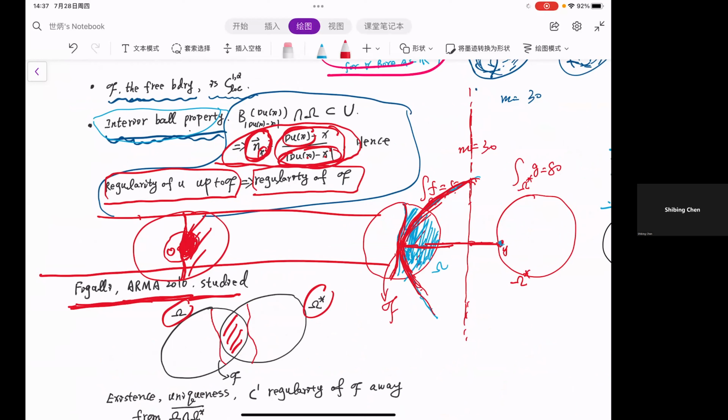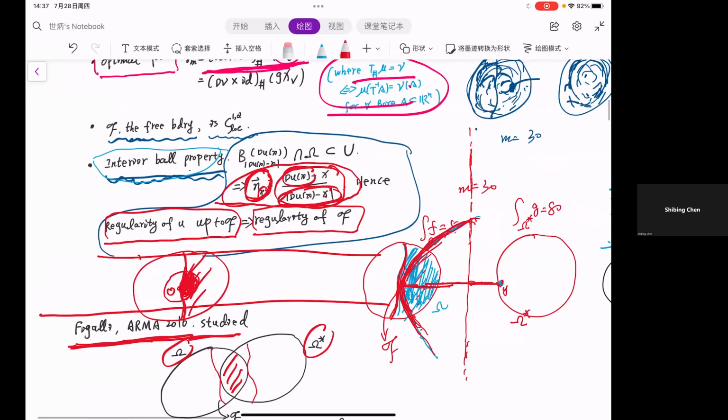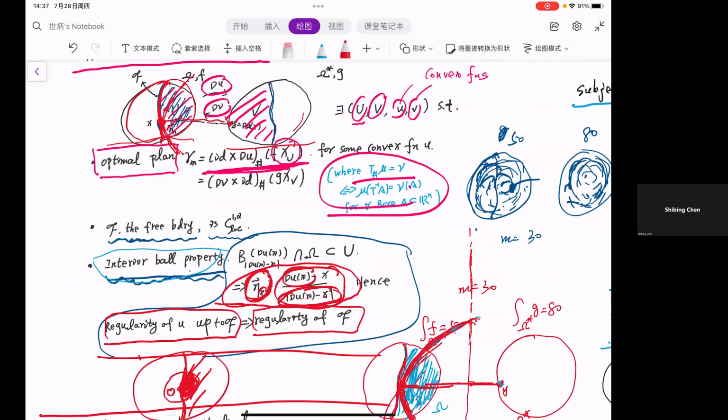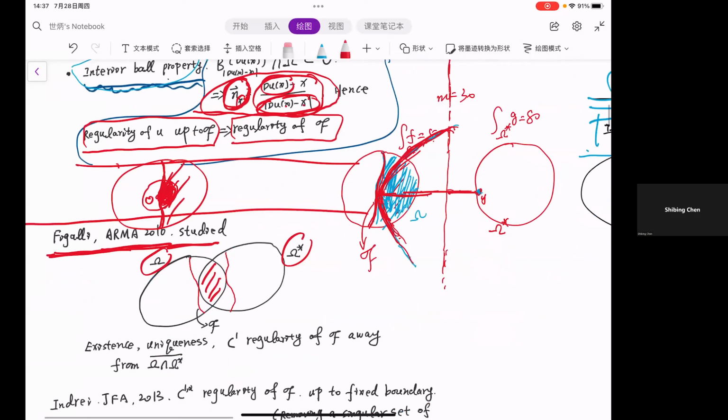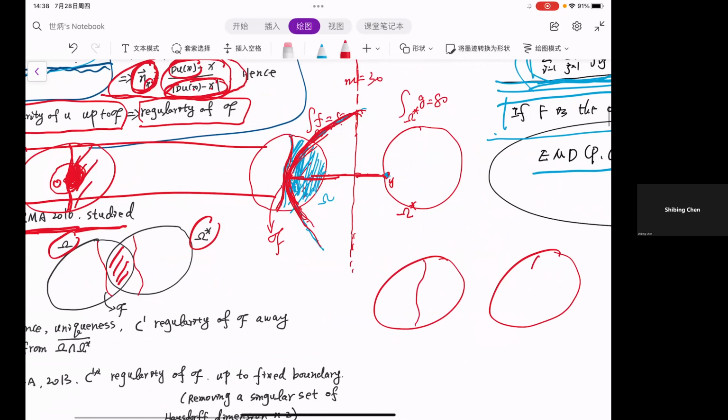Also, I forgot to mention that Caffarelli and McCann's paper also contains some other very interesting properties of the free boundary. Let me draw a picture here. They not only prove the existence and the uniqueness of solutions, they also prove a topological property of the active region.